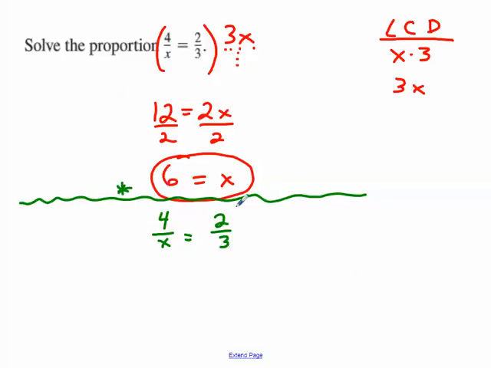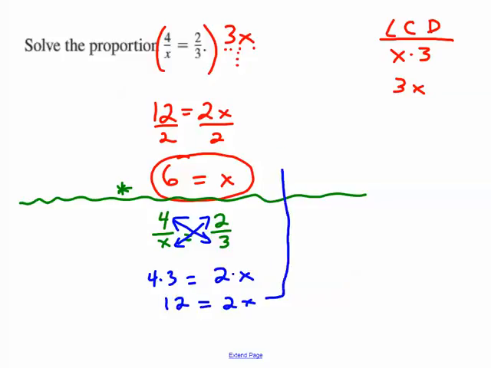We should. In fact, we will. By cross multiplying, we take 4 times 3, and that should be equal to x times 2, or 2 times x. So 4 times 3 equals 2 times x, or 12 equals 2x, and sure enough, that's exactly what we got after we multiplied by our lowest common denominator.